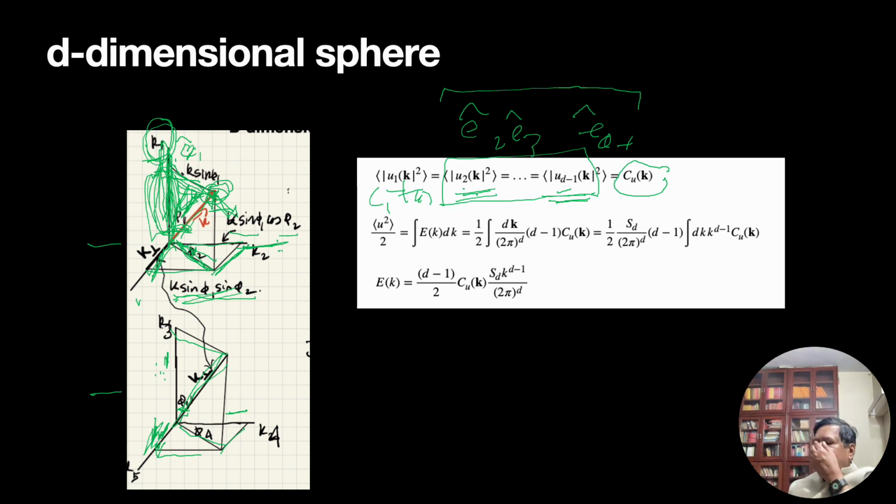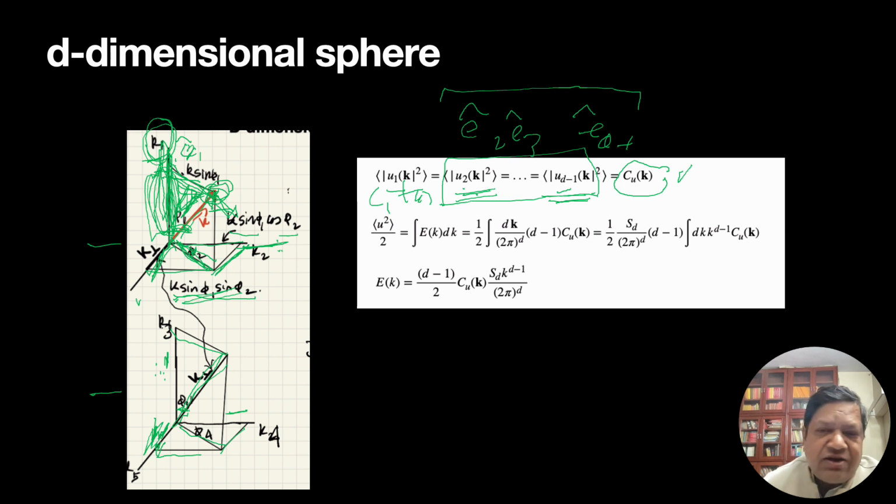So we'll say that U1 squared, U2 squared, U3 squared, all of them have the same energy, and that is Cu of K. Now, C of K is the energy of a component. It's not the total energy.